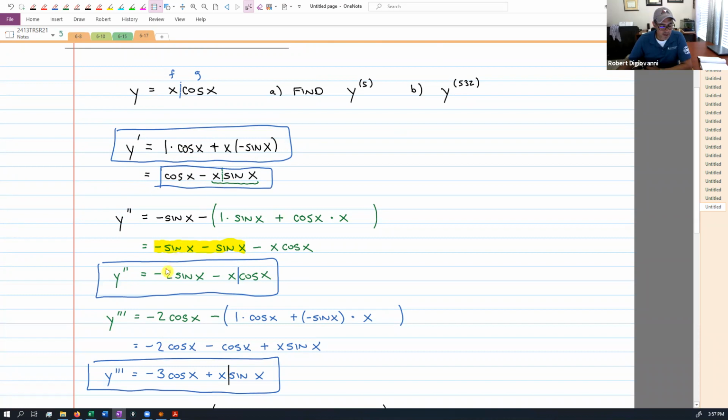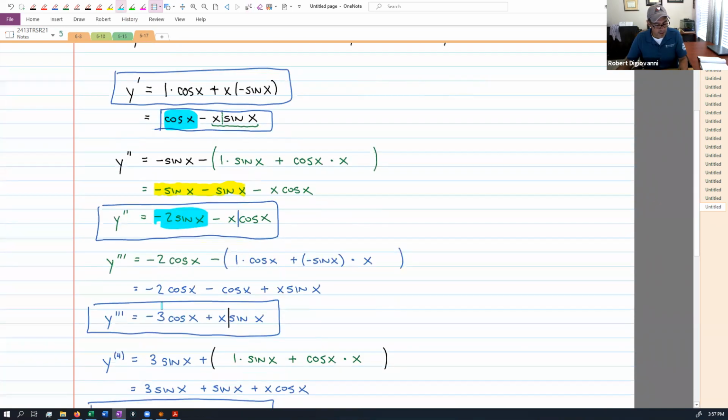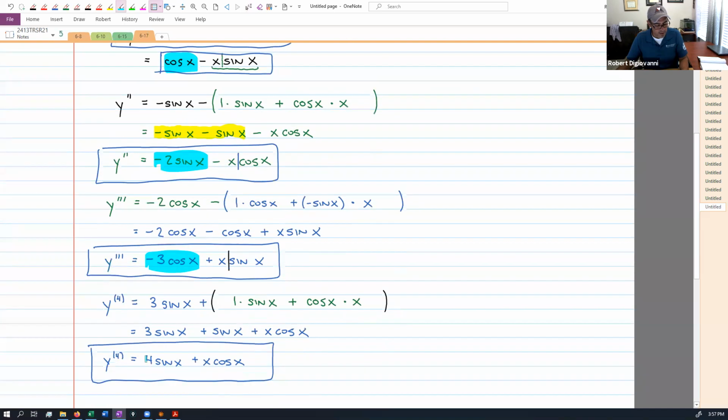The second derivative had -2 sine x minus x cosine x. So it went from cosine x to -2 sine x. Let's just look at the first piece. It went from cosine to -2 sine, then -3 cosine, then 4 sine.